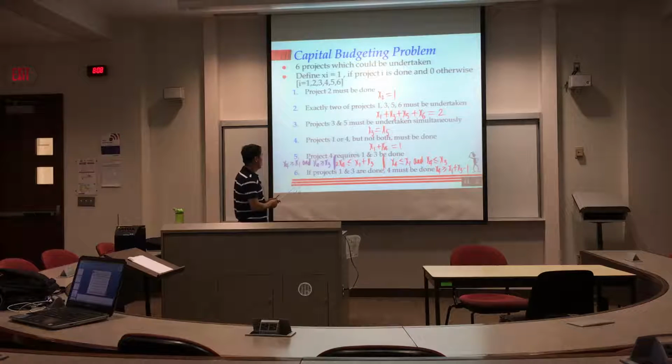Then, if this is done, then this must be done. If this is done, this must be done too. But if they're both not done, project 4 could still be done.